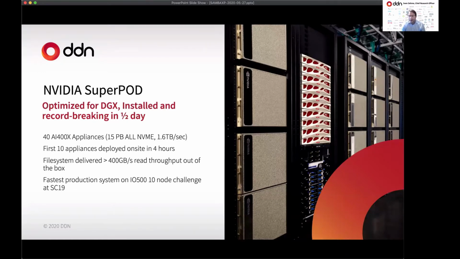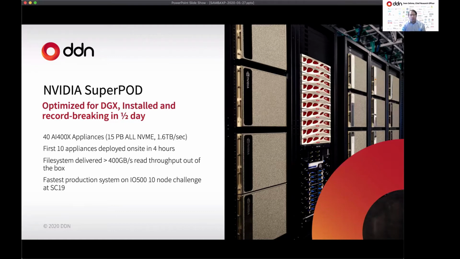We delivered over 80 gigabytes per second throughput into a single DGX. That means a single client can read and write at about 80 gigabytes per second, which is obviously a pretty high number. We achieved this using 8 100 gig network adapters in a multi-rail configuration. So we basically used all networking adapters at the same time. And within a couple of hours, we got a system up and running and ran a benchmark that at the end was the fastest production system in the IO500 10-node challenge, which was obviously quite an accomplishment.